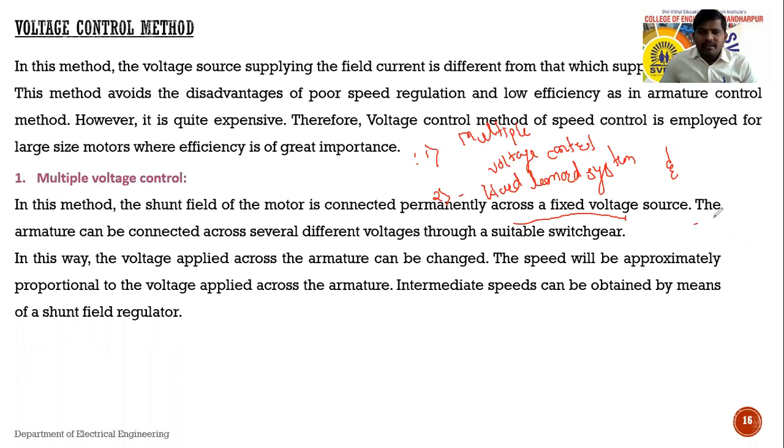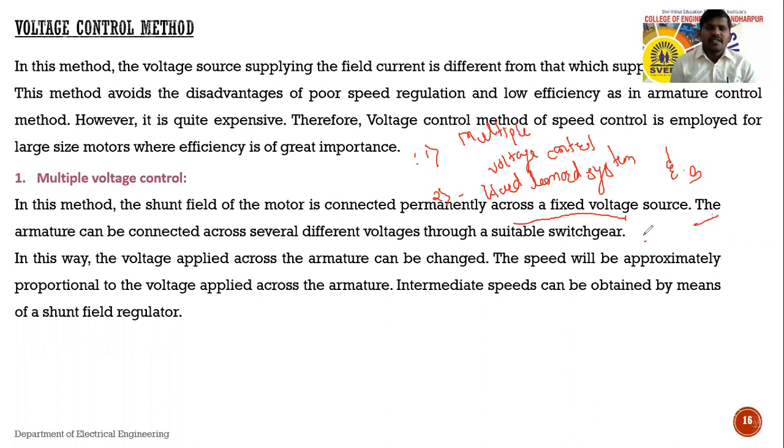Suppose we use a variable transformer like a Variac, or an auto transformer. By using such equipment, we change the supply voltage of the motor gradually, keeping the field circuit constant. That means the field circuit is connected to a permanently fixed voltage source.